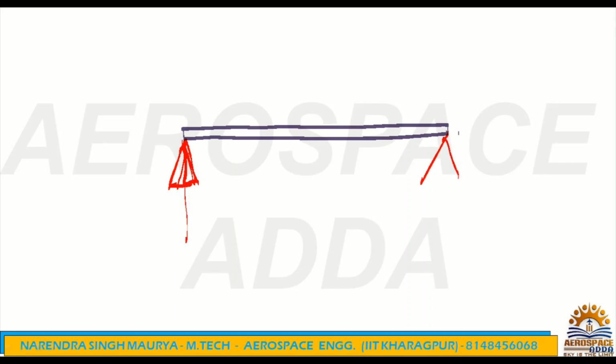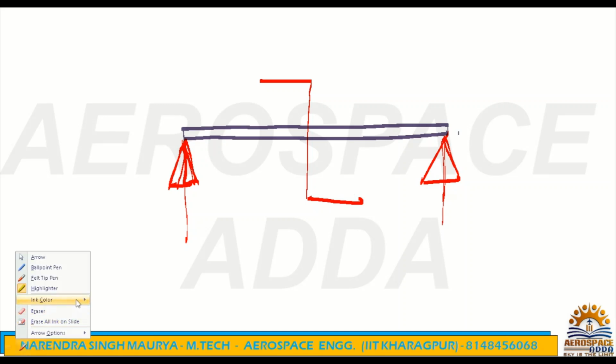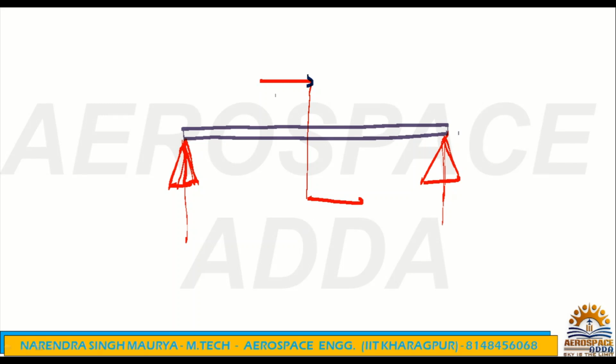This is the reaction. Now if you want to show the bracket load, so see, you can show a bracket load something like this also. This is also possible. Check. Now you can see the load acting in this way, and also you can say the load is acting in this.